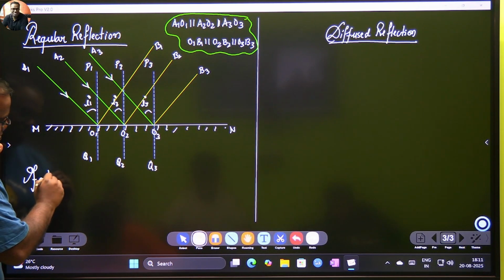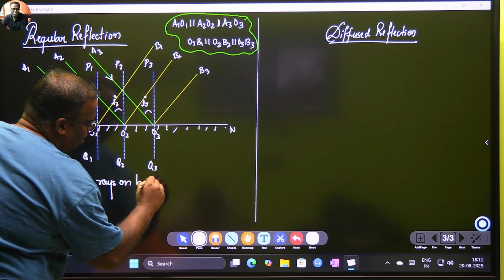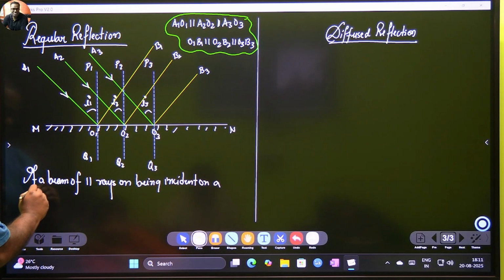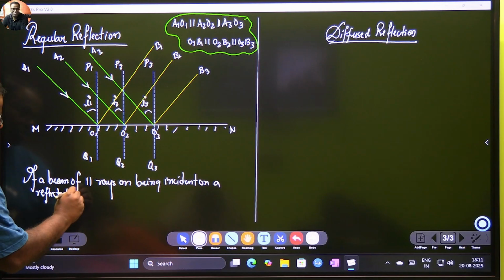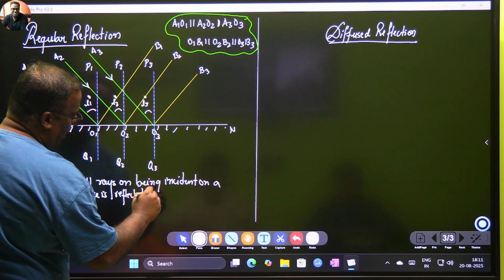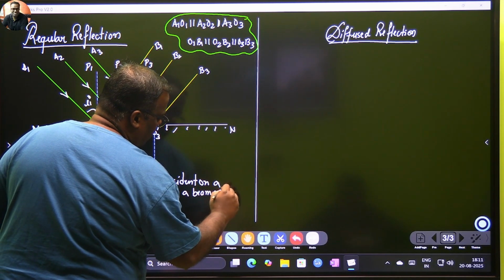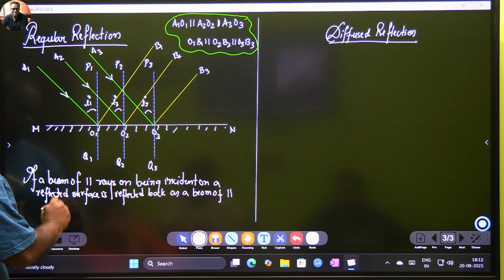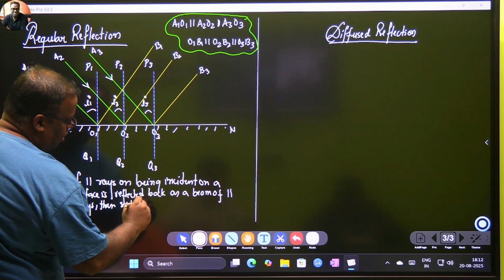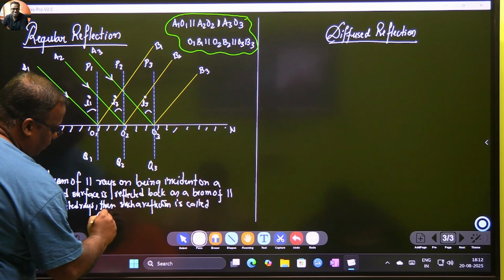If a beam of parallel rays on being incident on a reflective surface is reflected back as a beam of parallel reflected rays, then such a reflection is called regular reflection.